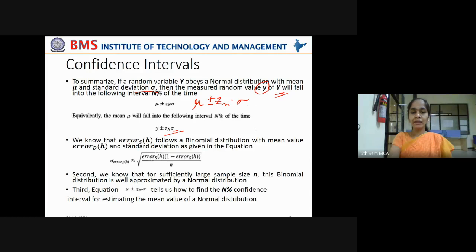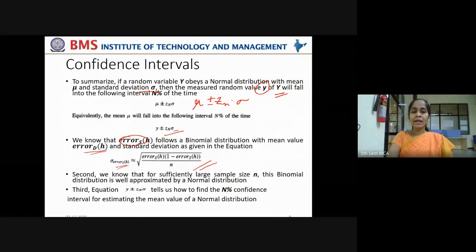So we know that the sample error follows a binomial distribution with mean value, what did we assume the mean value to be? The mean value is the true error, and the standard deviation is given by this equation. We have derived this, right? The standard deviation of the sample error is nothing but the square root of the sample error multiplied by 1 minus the sample error, divided by n.